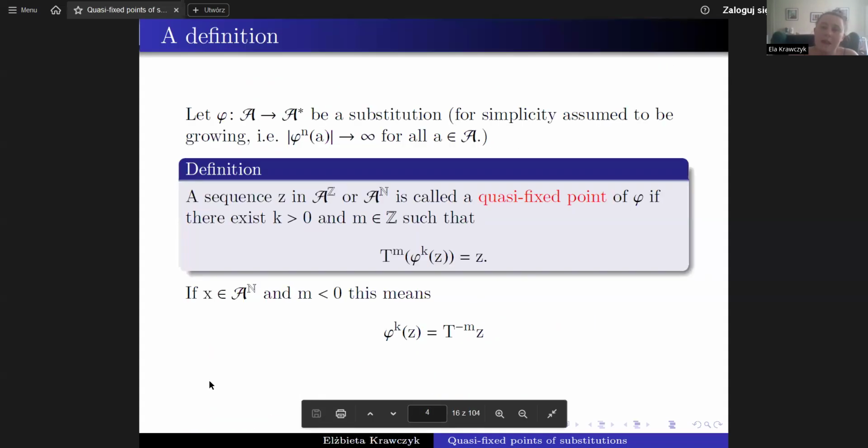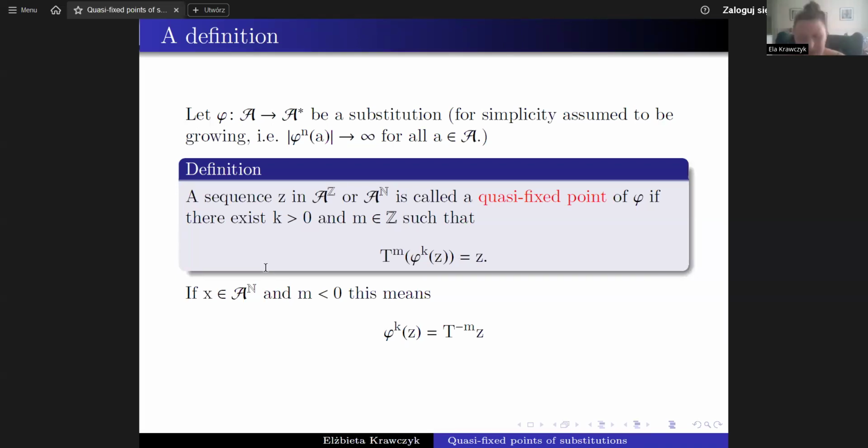Okay, so now at this point I will make a definition. For simplicity, I will assume that my substitution is growing, although it won't be necessary for most of what I will be talking about. It's just going to make things simpler.